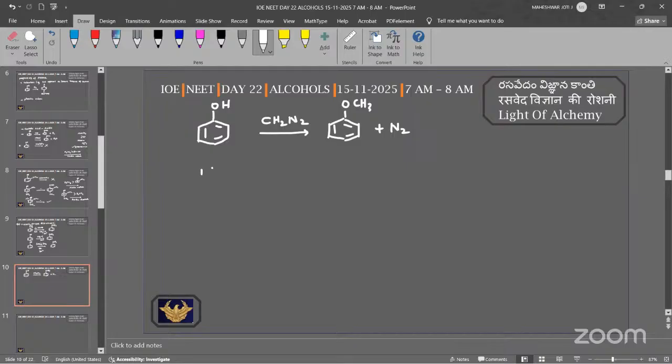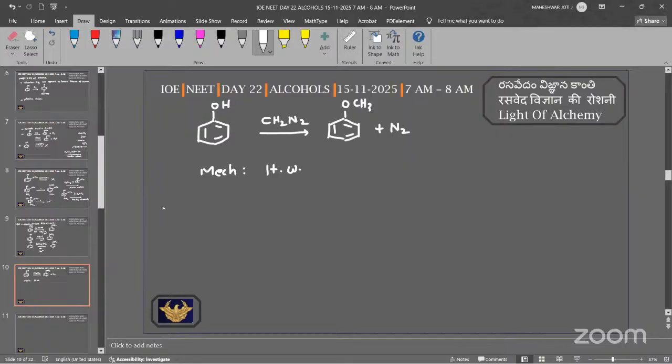See, write the mechanism on your own, because I have given the mechanism while discussing the same reaction, alkylation with alcohols, ROH. Here, instead of ROH, phenol is there, right? Mechanism is homework, try it.